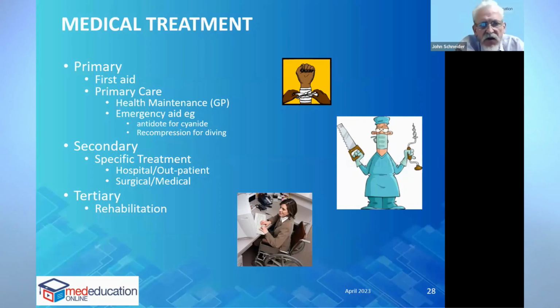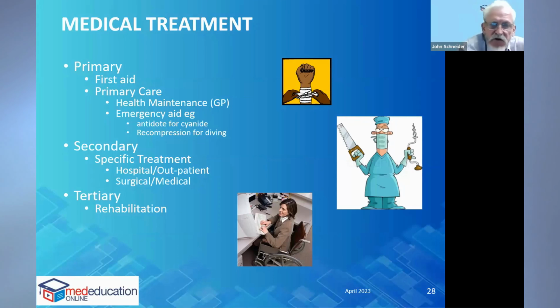And the third issue or step in medical treatment is rehabilitation. In other words, helping to manage impairments which result in disability and hopefully with a view of getting the injured or ill worker back into a productive work situation. Next one.